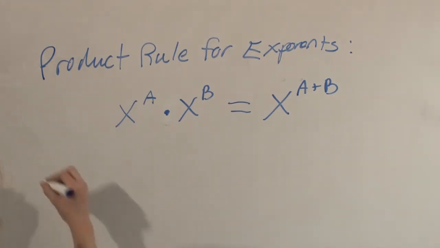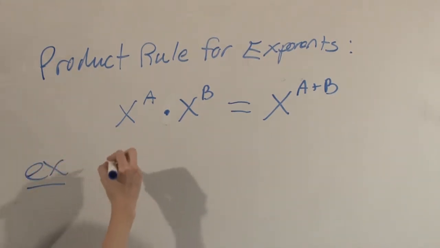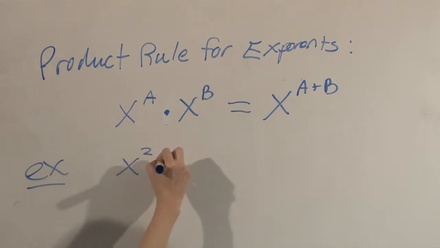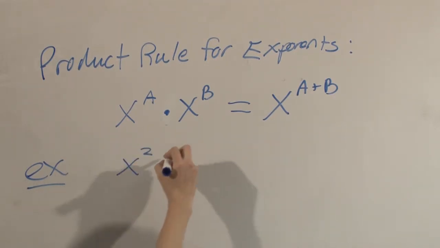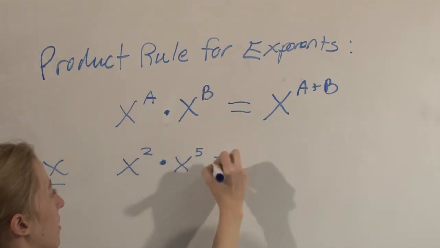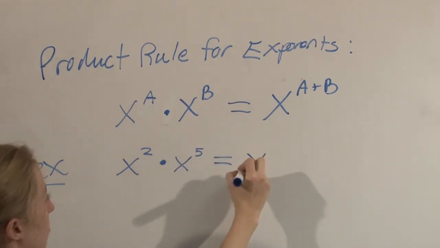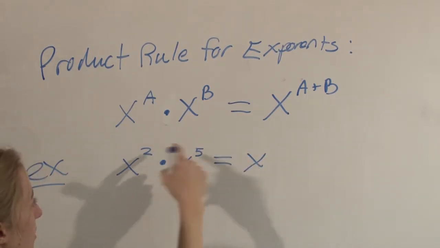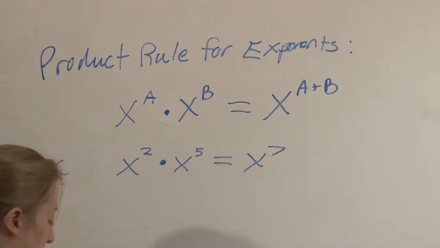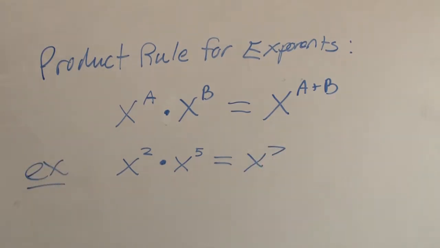So as an example, if we had x squared times x to the 5, that's going to be x raised to the 7th power, because 7 is 2 plus 5.